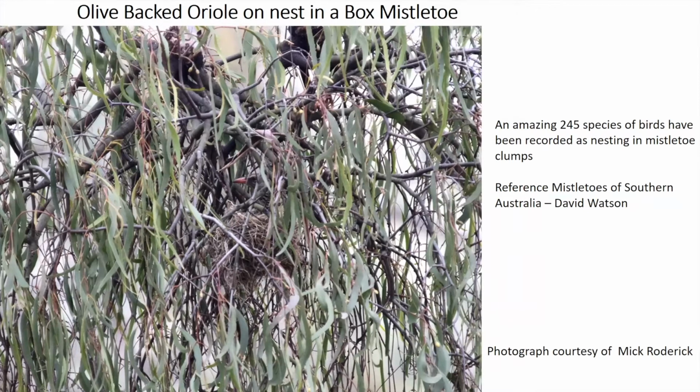And there've been 245 species of birds recorded nesting in mistletoes in Australia. And that's not just a claim, that's a fact by Birds Australia, and David Watson mentions it in his book on mistletoes.